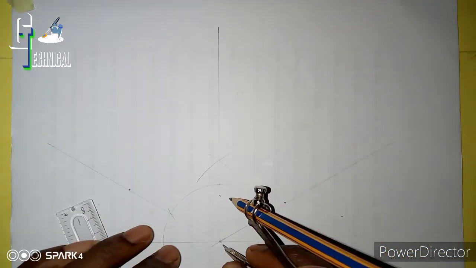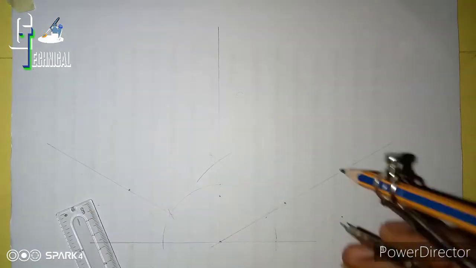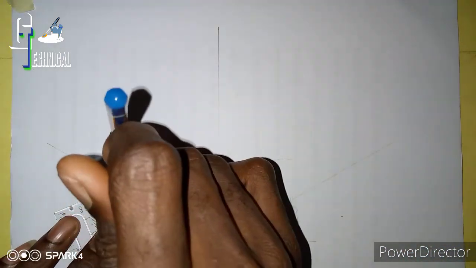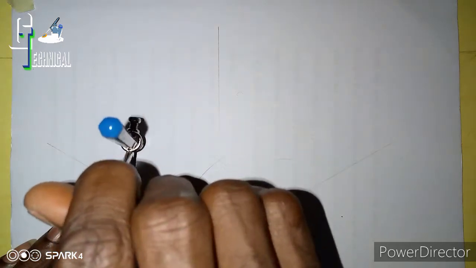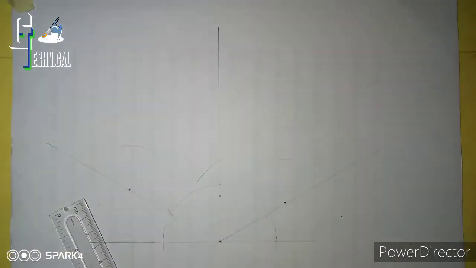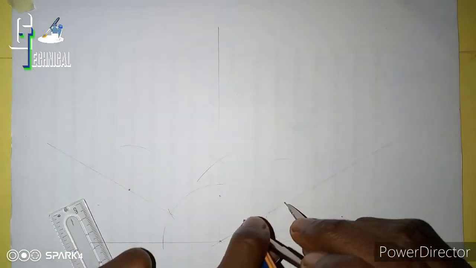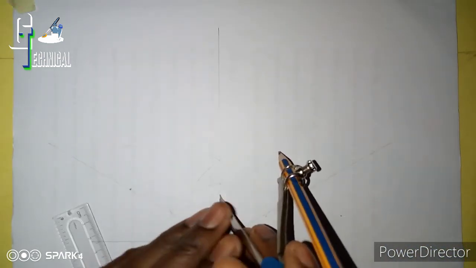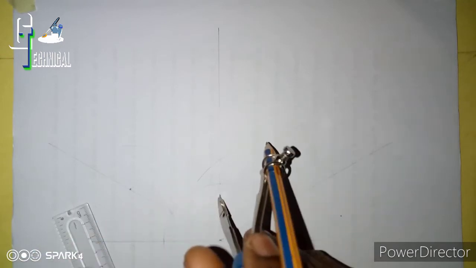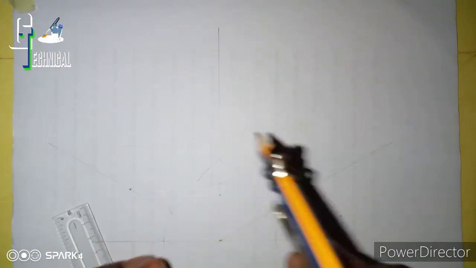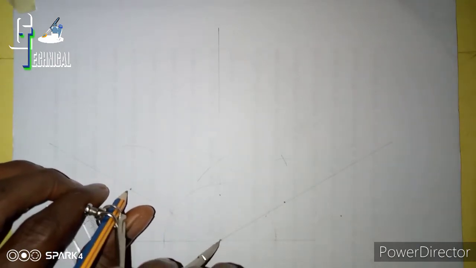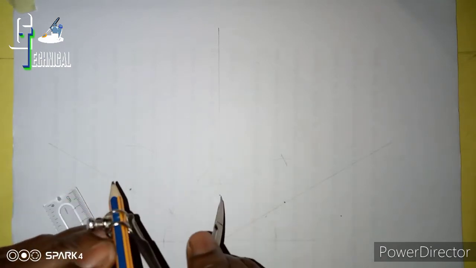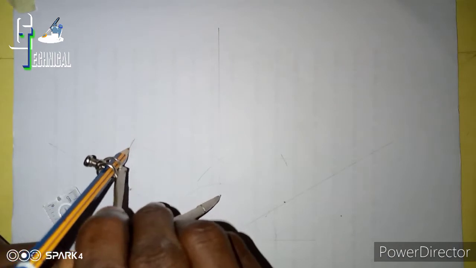So now take this 29, place here, draw an arc, also place here and draw another arc. The measurement of here is this, so I'll place it here to cut this other arc. Then the measurement of the length, I'll place here to cut this other arc.